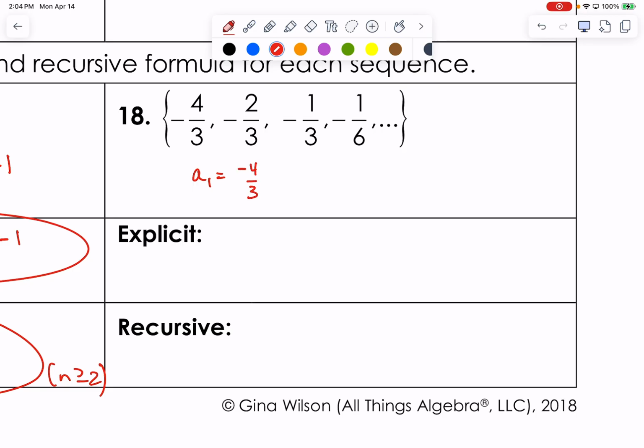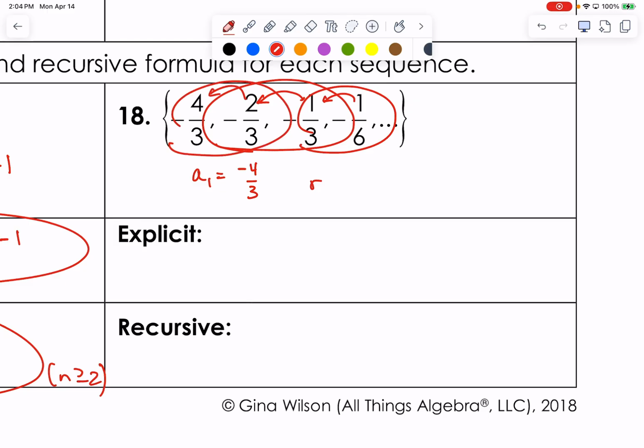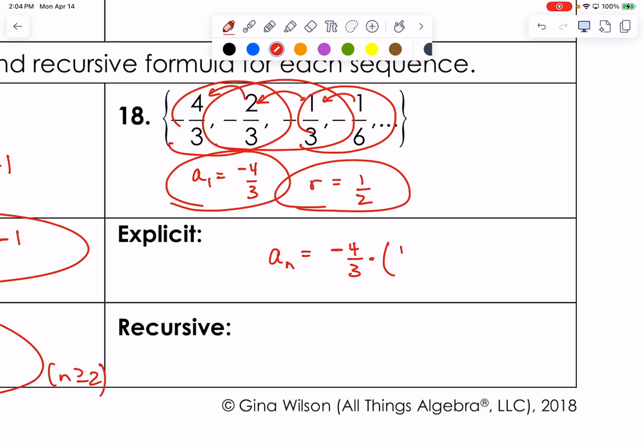To figure out the common ratio, all I have to do is take two consecutive terms and take a term divided by its previous. I could take negative 1/3 divided by negative 2/3, or negative 1/6 divided by negative 1/3, or negative 2/3 divided by negative 4/3. Common ratio is going to end up being positive, and I believe it is 1/2. Is that correct? So my a sub n would be equal to negative 4/3 times 1/2 to the n minus 1. Can I do the recursive?